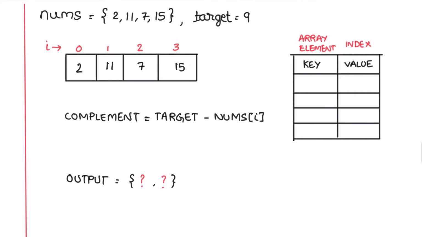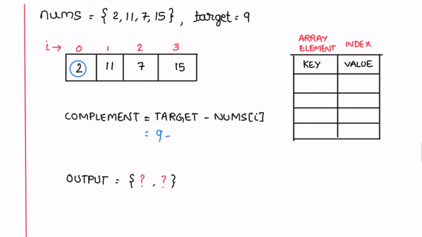Now that we have the array, let us build the map to check if the complement of the number is present inside the map or not. First, we have to iterate through the array from left to right. Let's start with the element at the 0th index position. We have to check if the complement of 2 is present inside the map or not. To find out the complement, first we have to subtract that element from the target. So the target is 9, which is given as input.